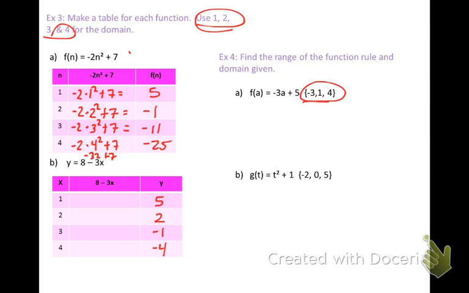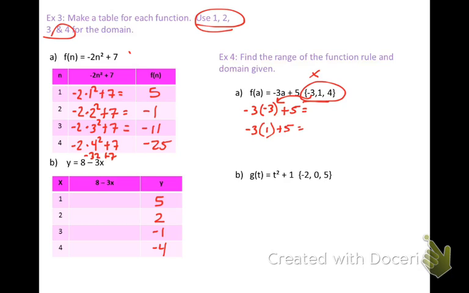Domain just means your x's, okay? Or for them they said A, but it's really the x points. So you're going to plug them in. You're going to go -3 times -3. I plugged in -3 right here, plus 5. -3 times 1 plus 5.